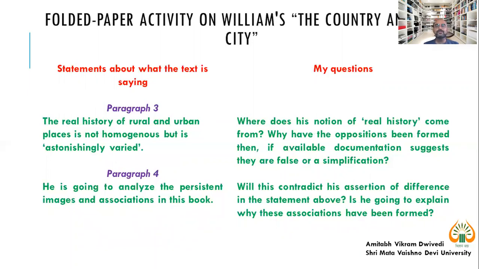Why have the oppositions been formed then? Because when we use real history and then we have a dichotomy, the country and the city, how valid is this dichotomy? How can I divide the real history into two? So this is again a question.